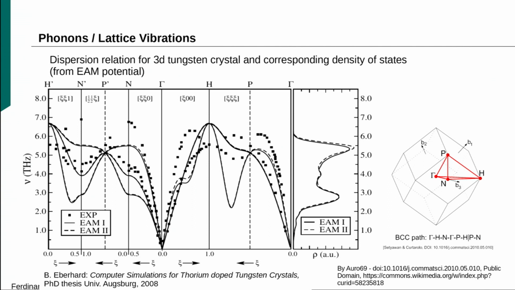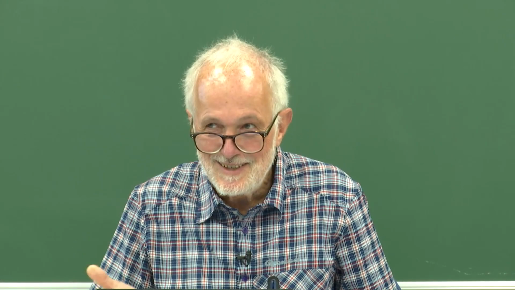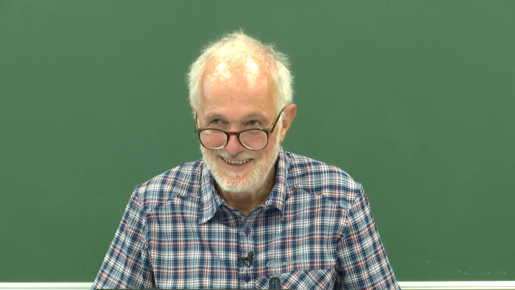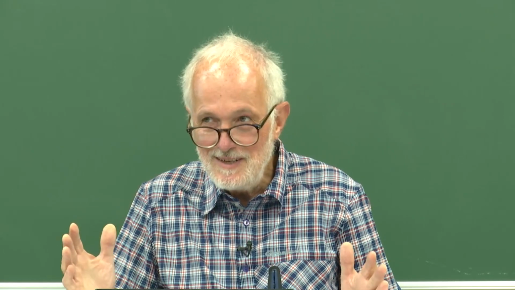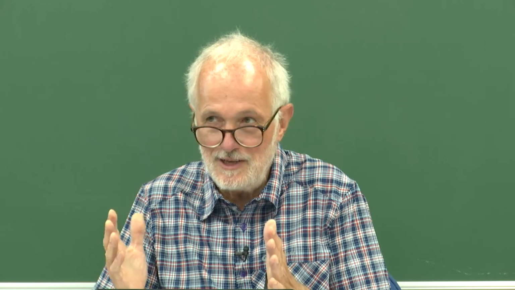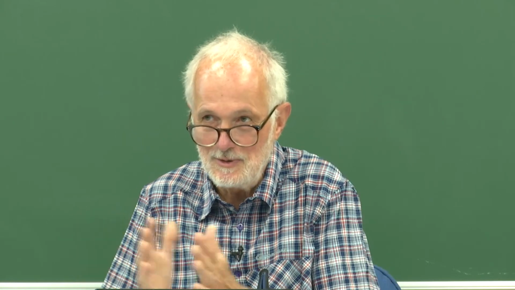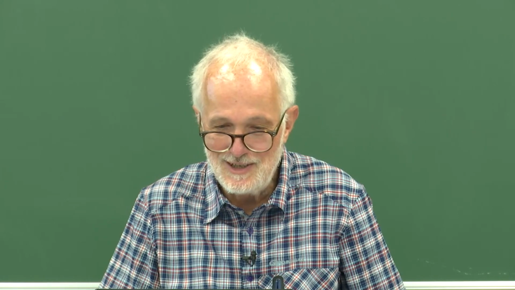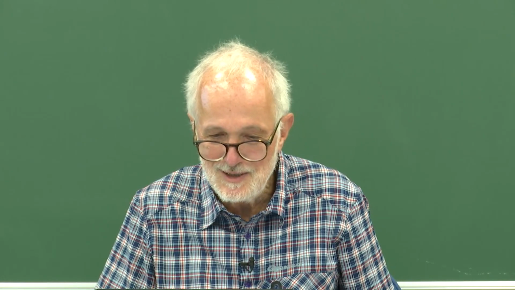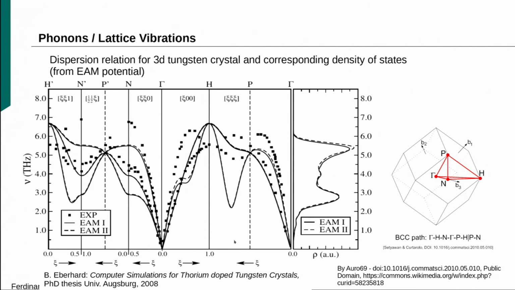Frequency has something to do with energy, or is directly proportional to energy. If the frequency of such an oscillation goes down to zero, it means it costs no energy. If something costs no energy, this can happen spontaneously. And this can mean that there's a phase transformation, so that the lattice goes into another structure. We call such zeros, when this goes close to zero, soft phonons, because they tend to be very soft, they cost very little energy.